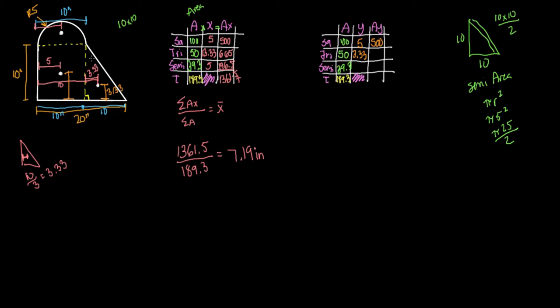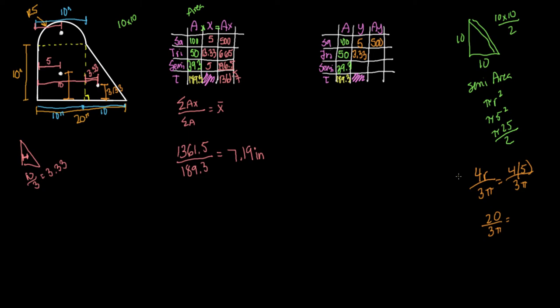Semicircles are the ones that get everybody. So the semicircle formula is 4r divided by 3 pi. So we have 4 times 5 divided by 3 pi. So we get 20 divided by 3 pi.